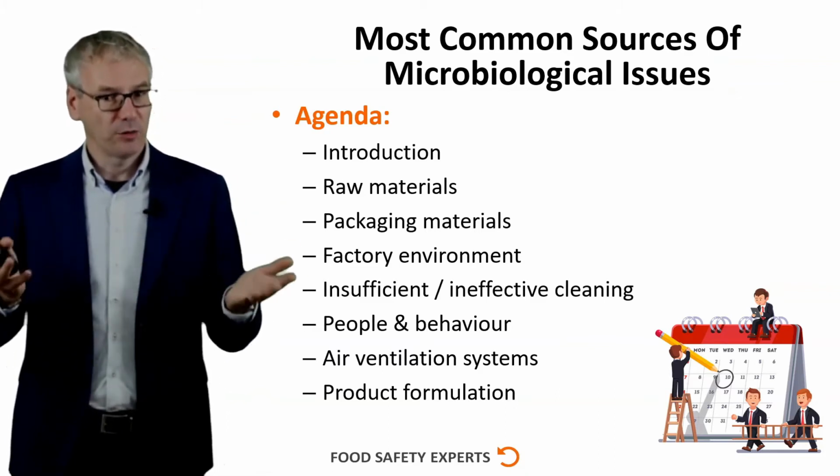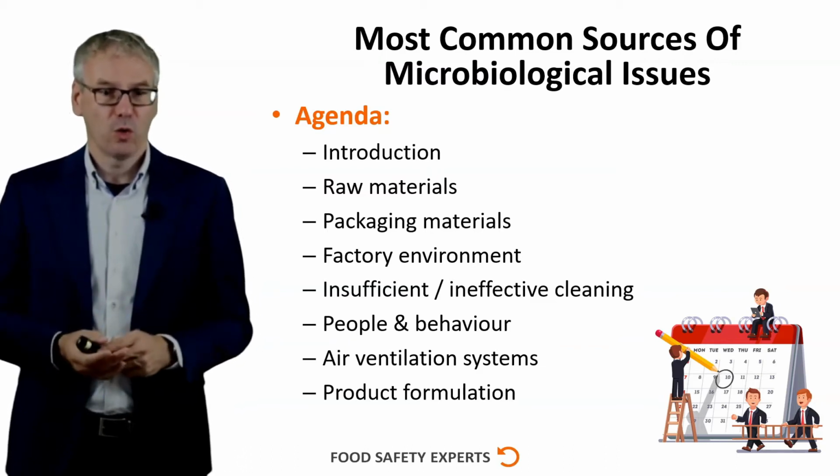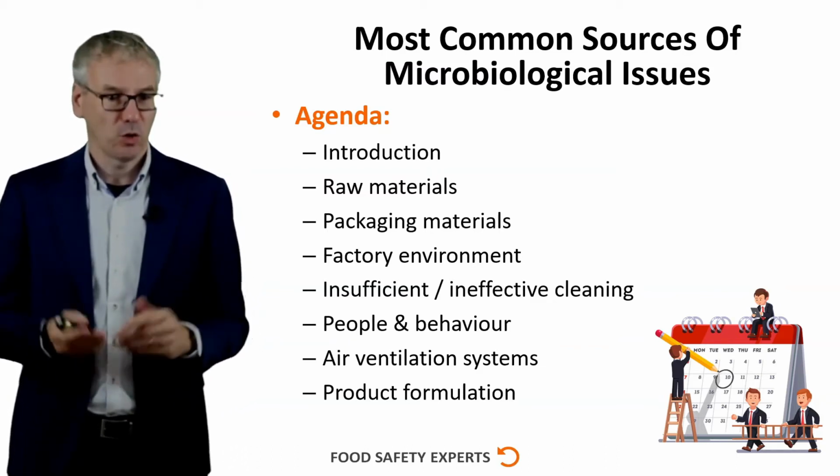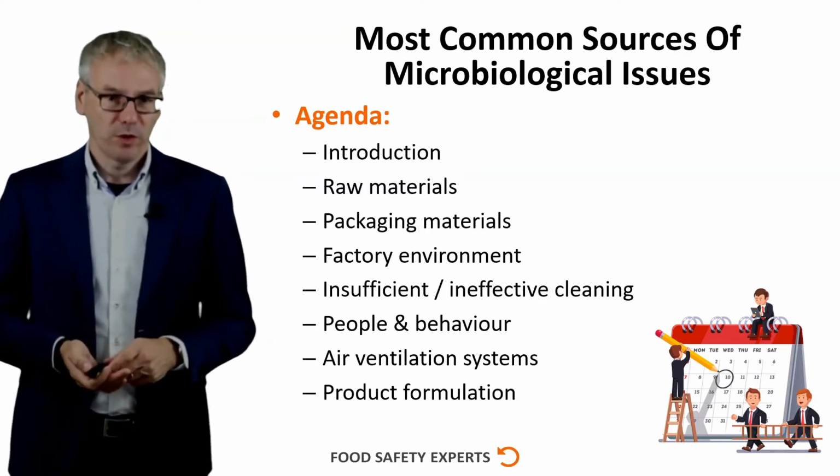And this already gives a flavor of the key areas which are the most common sources of microbiological contaminations, of microbiological issues. But we'll go into all of these in much more detail.